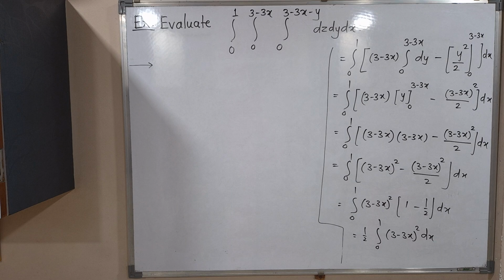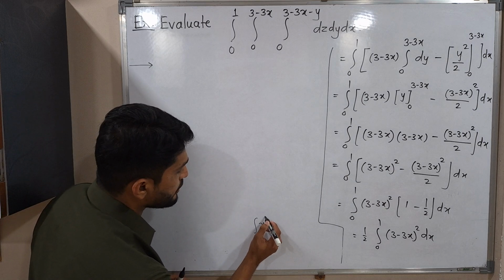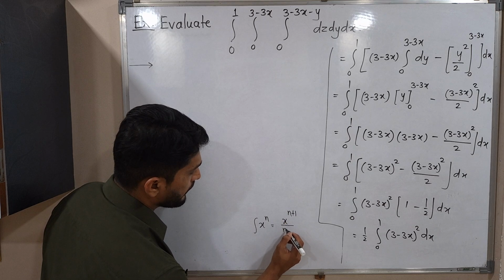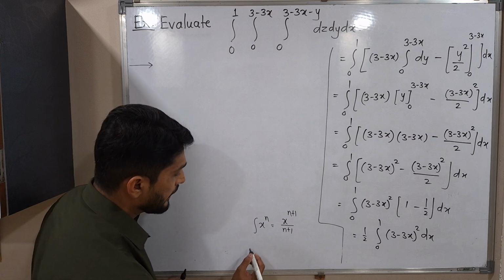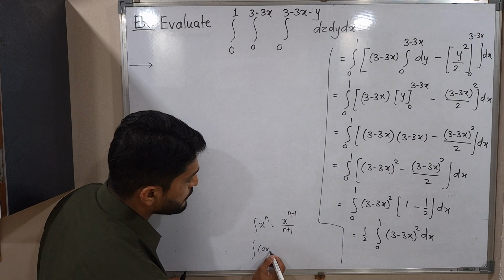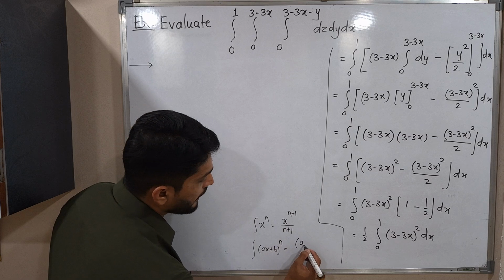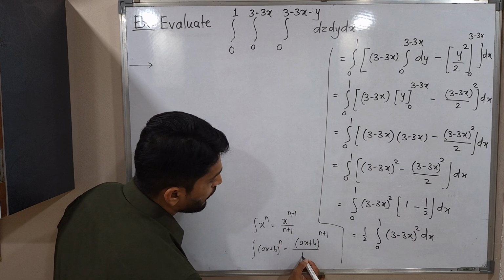So let us continue. Okay, see, there is one famous formula, integration x raised to n. You are familiar with that? X raised to n plus 1 upon n plus 1. So we have its generalized form also. That is, when we have (ax plus b) raised to n, the same formula we have, (ax plus b) raised to n plus 1 upon n plus 1.